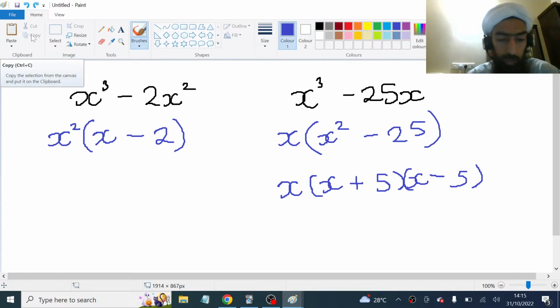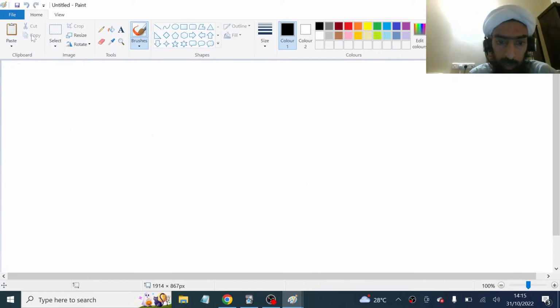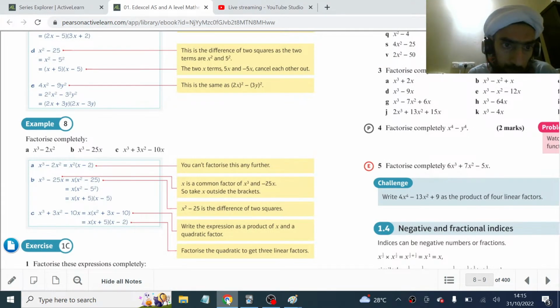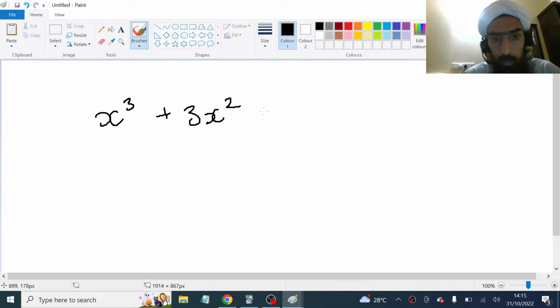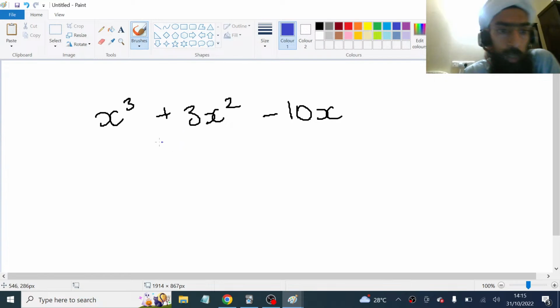Okay, let's move on to the third and last example today of factorizing cubics. So this one is x cubed plus 3x squared minus 10x. Looking for what's in common, the first thing we notice is, again, x is in common.